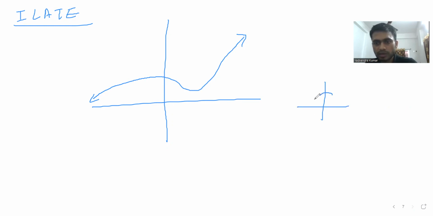We are familiar with the graph of the circle, but a circle is not a function. Why? Because at one x, x is always input, we will get multiple y, two y. This is one y of this length and another y of this length. So two y. That's why this is not a function.